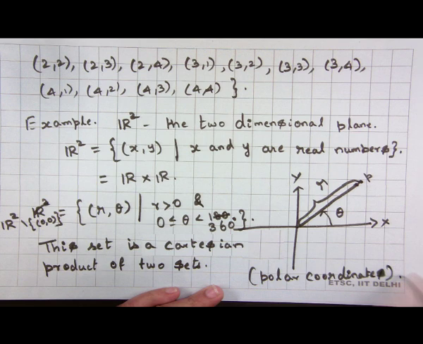What you have is the set of polar coordinates, but this set is almost like a Cartesian product. If I include r greater than 0, it looks like it is not a Cartesian product, but one can write this as a Cartesian product.